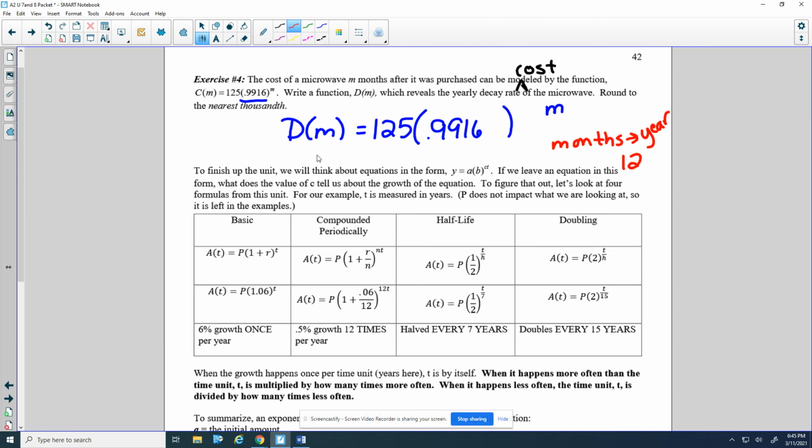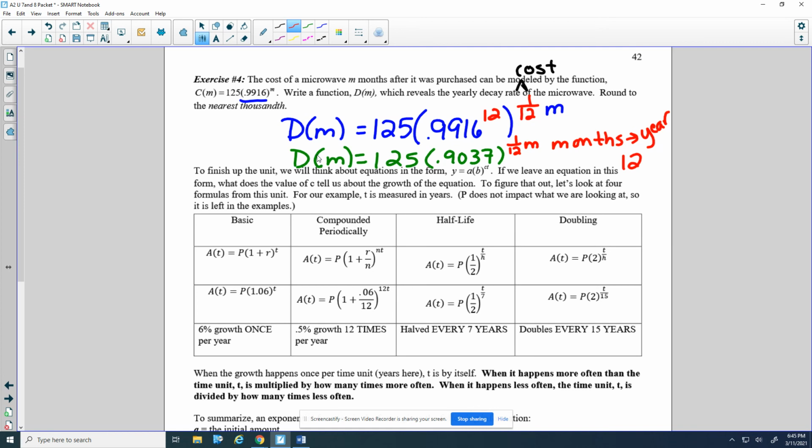So that means I need to put a 12 in here, and the 1/12 is going to have to go out there, okay? So when we write our equation, d of m, if I type the 0.9916 to the 12th, that is going to give me 0.9037, okay? And then we have our 1/12 m out here.